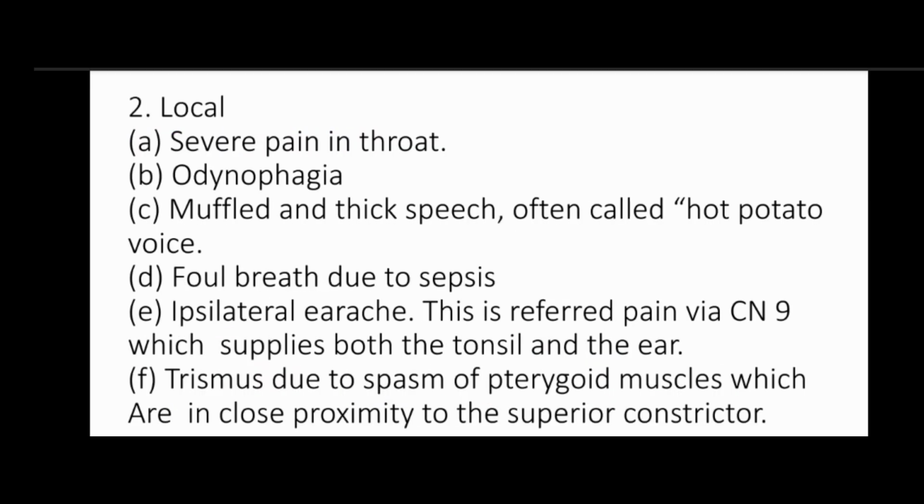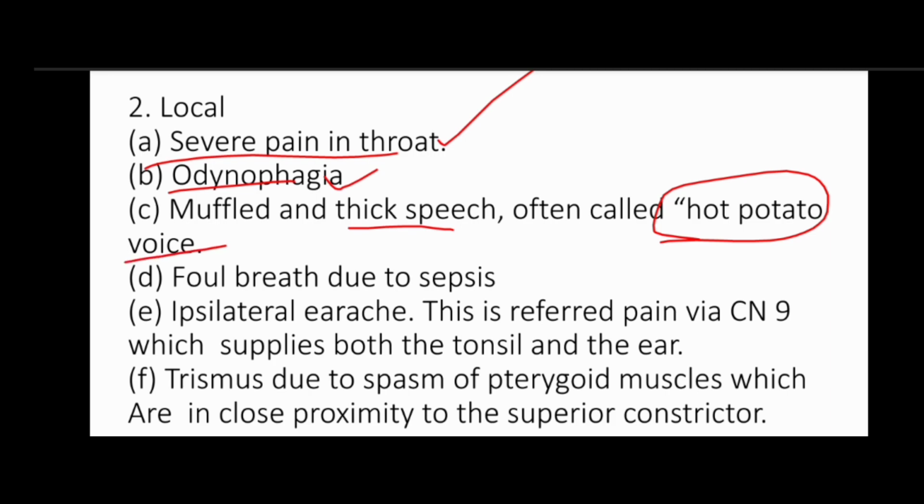The local features are that the patient has severe pain in the throat and odynophagia. Odynophagia means pain on swallowing. Muffled and thick speech, often called hot potato voice. The hot potato voice is repeatedly asked in MCQs and also in viva questions. And foul breath due to sepsis. And ipsilateral earache, referred pain via the ninth, the glossopharyngeal nerve, which supplies both the tonsil and the ear.